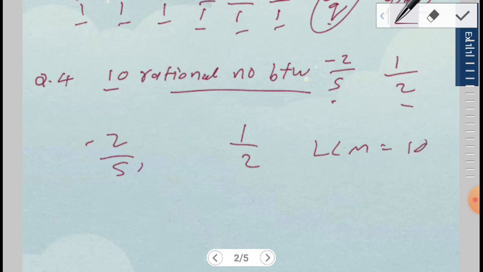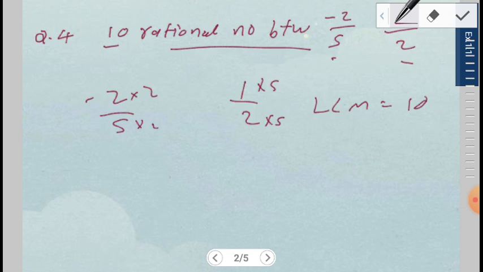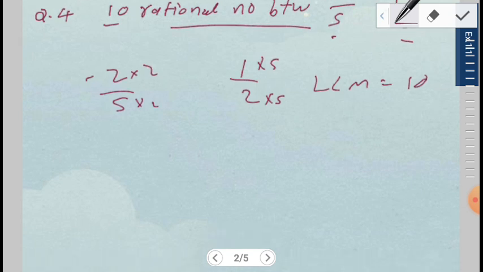So we multiply 2 and 2, 5 and 5, and it becomes perfectly the same denominator. So it will be minus 4 upon 10 and 5 upon 10.